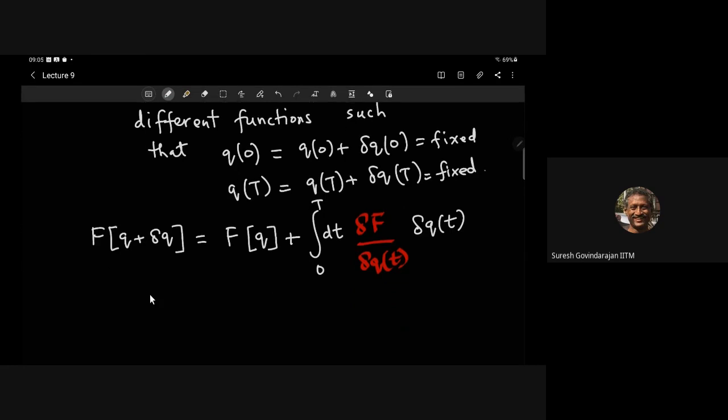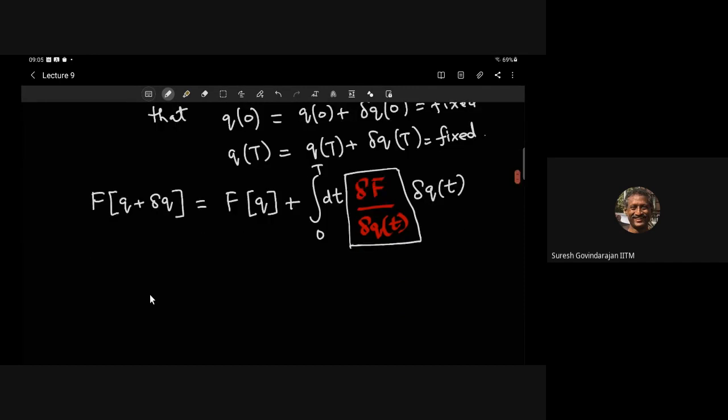So this was, if you wish, the definition of the functional derivative, and we saw how to compute this in several examples in class as well as the tutorial, problem sheet 2 or 3 rather.